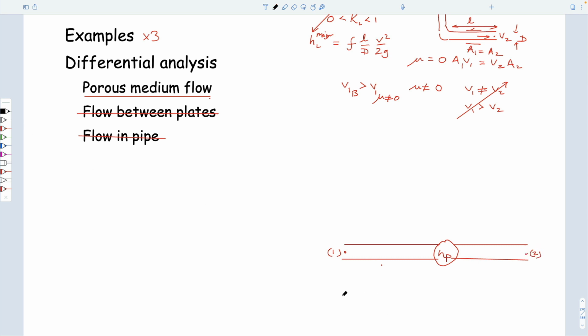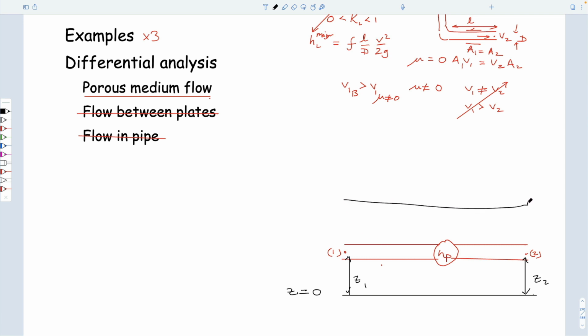I can draw a datum. So this exact point is, as you know, Z1 and Z2. They don't have to be the same height. It's just easier to draw them this way.